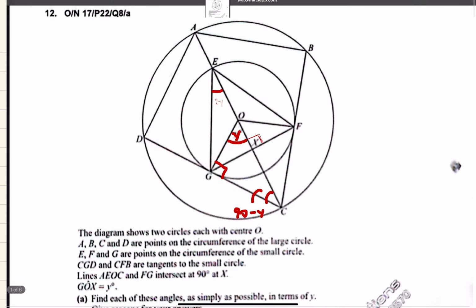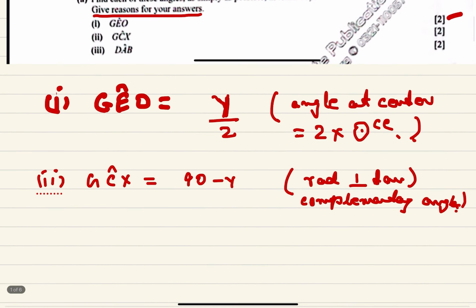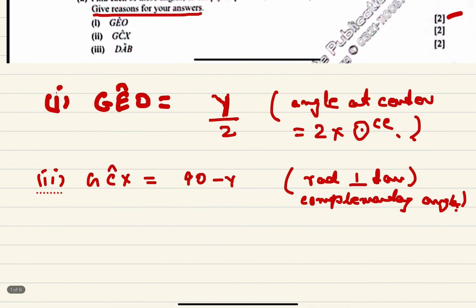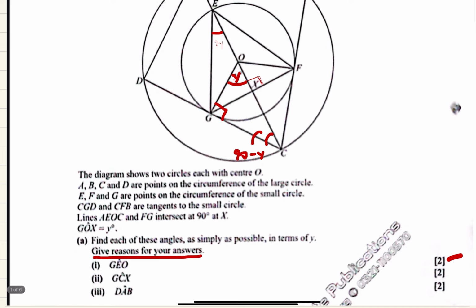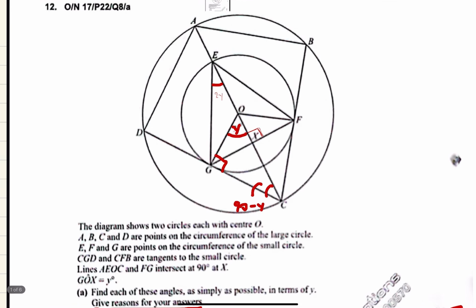Radius perpendicular to the tangent makes this a right angle triangle, and then these 2 angles should be complementary, right? Now thirdly, DAB, this is the angle that you need to find out, right?